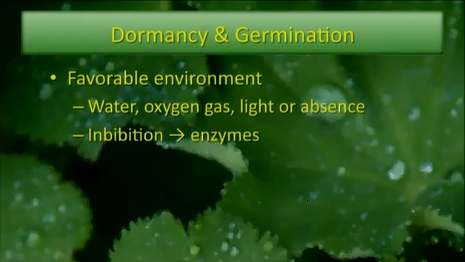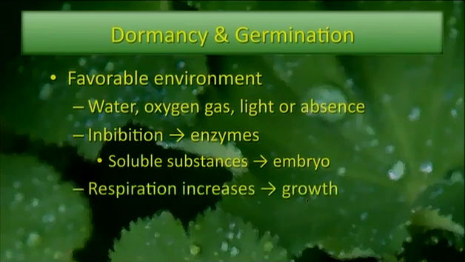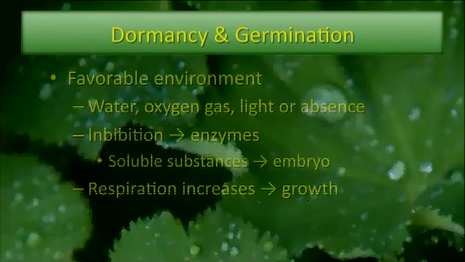They'll convert proteins to amino acids, they'll convert fats and oils to soluble substances, and they'll convert starches to sugar. And these soluble substances are taken to the embryo, and then the embryo has an increase in respiration, and then it starts to grow, through mitosis and cell expansion.